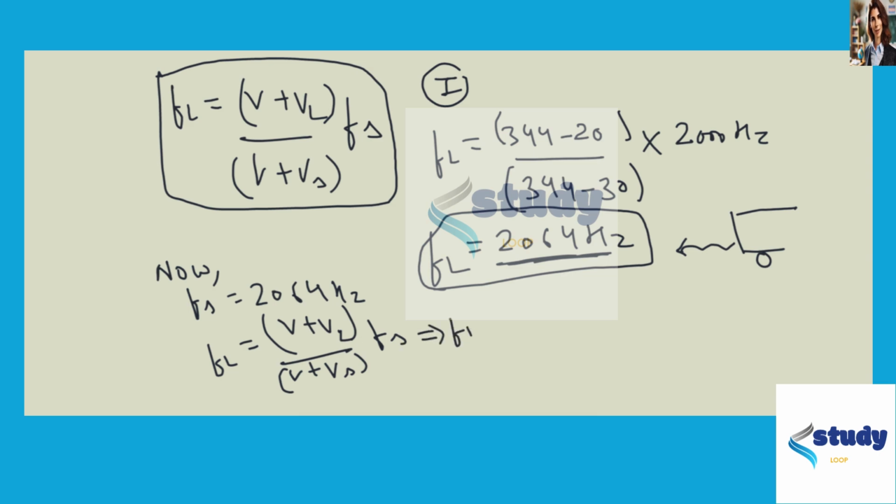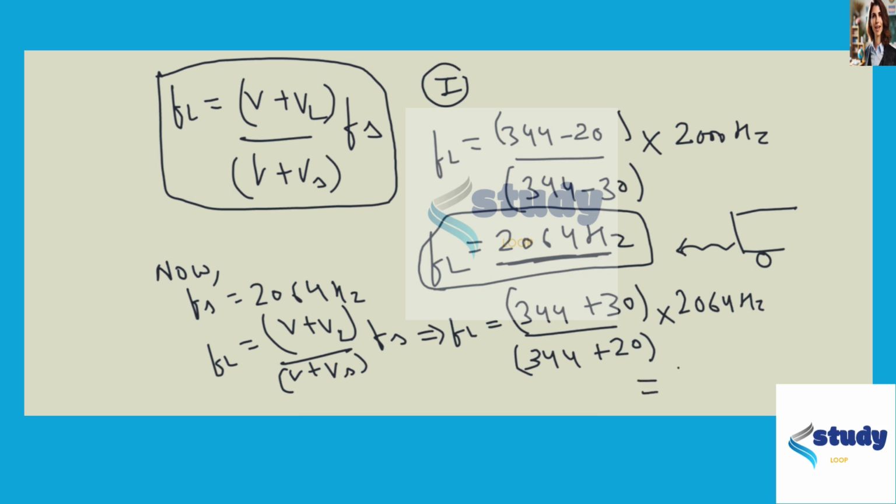This becomes FL equals 344 plus 30 over 344 plus 20 into 2064 hertz, which after calculation becomes 2120 hertz. This is the frequency received by the engine itself, or the person sitting in the engine. So the frequency has increased to 2120, which was earlier 2000 hertz.